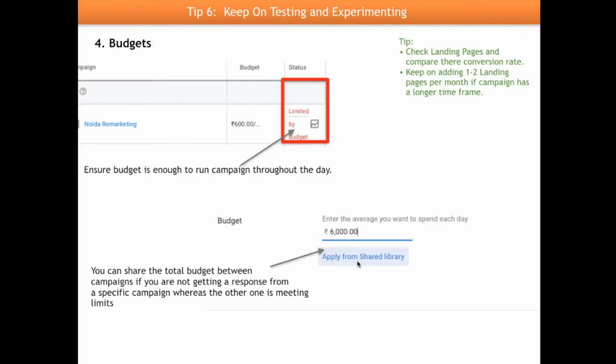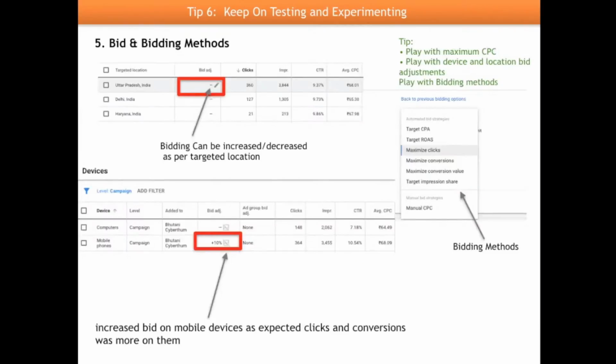So if you have allocated 1,000 to each, it's better that you add 3,000 plus 1,000 plus 500 and make a single shared budget of about 4,500 or 5,000, and as per the usage this budget gets shared. So try to explore the option of shared budget in your tab. That's the thing that you have to do.